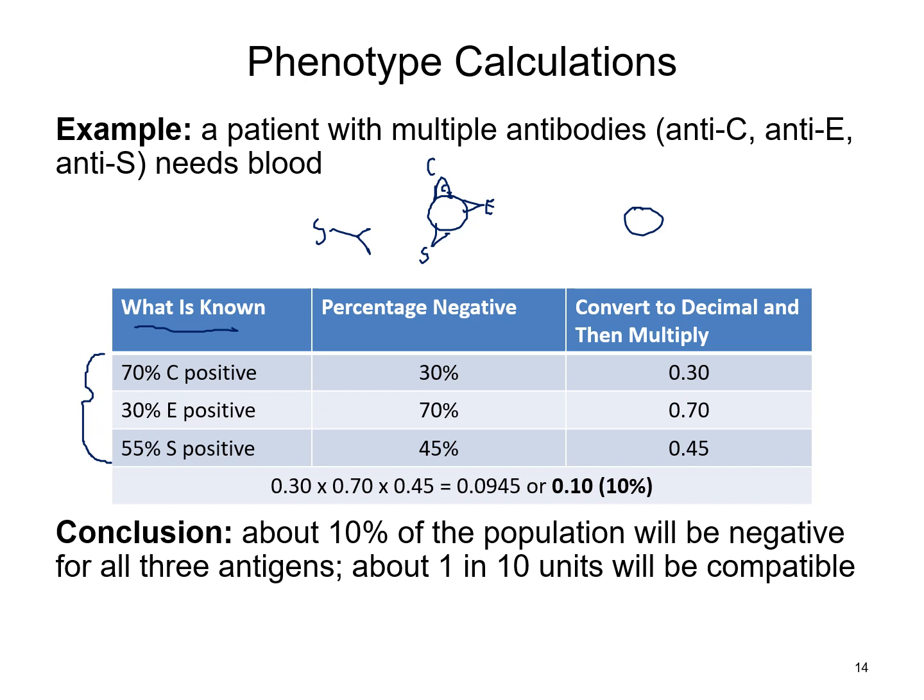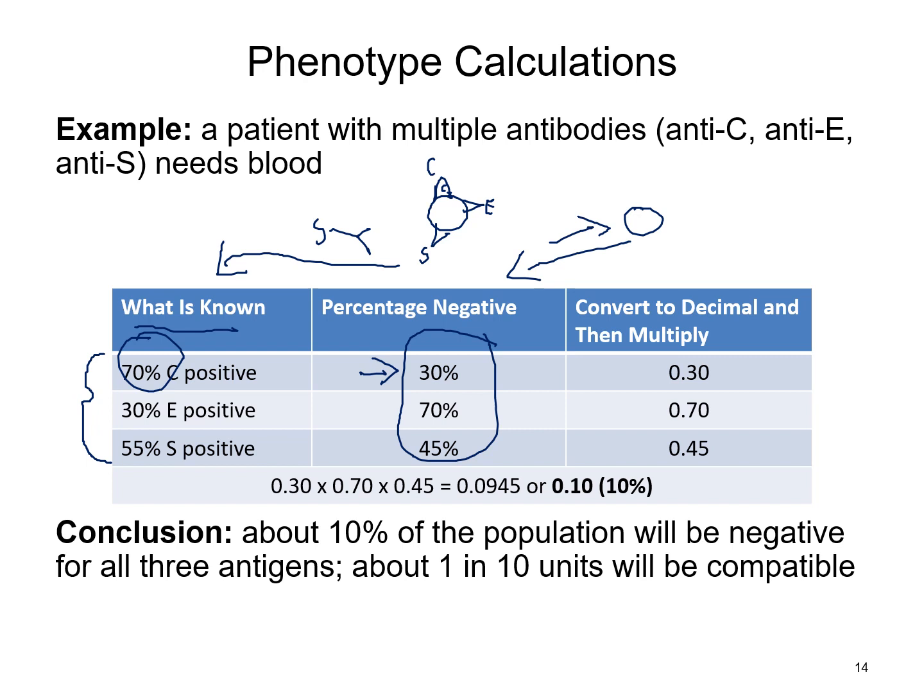We are looking for the group that does not have that expression. So out of our population, if 70% have C, then 30% should not have it. 70% should not have E, and 45% should not have S. So this is the percentage of the population that are negative for each of these antigens.